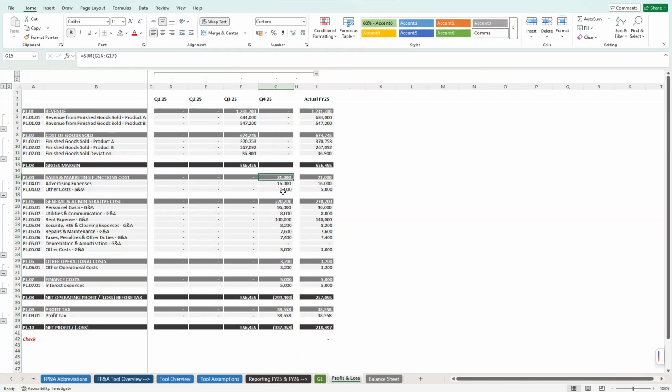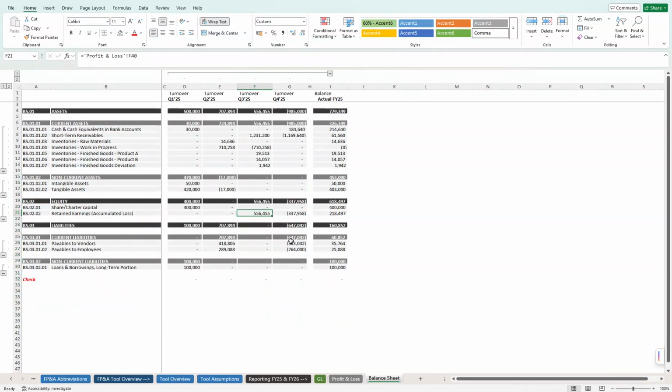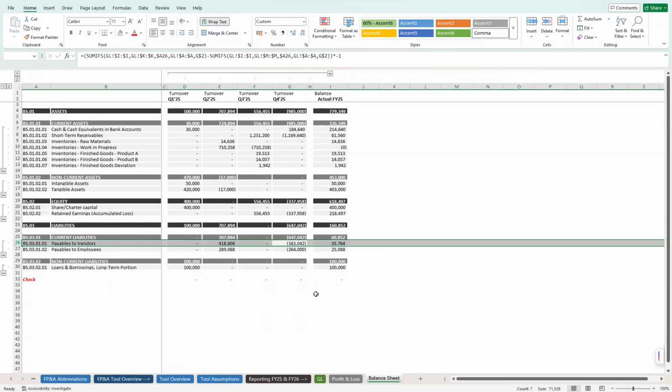In quarter 4, these are the supporting costs that happened in P&L, and this is not visible from the figures perspective in the balance sheet, but it is related to the payable to vendors and payable to employees. I will explain shortly.